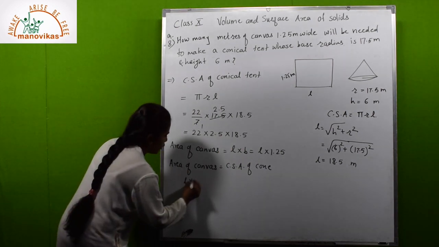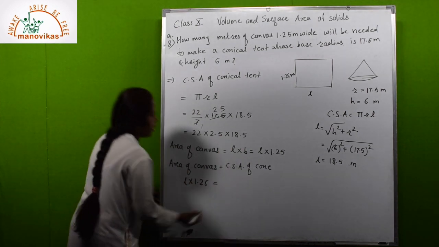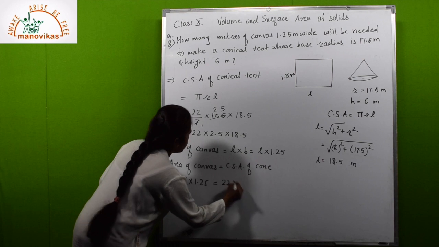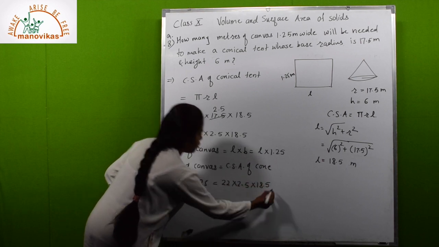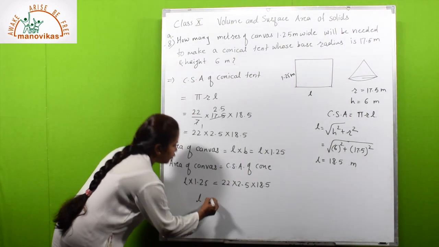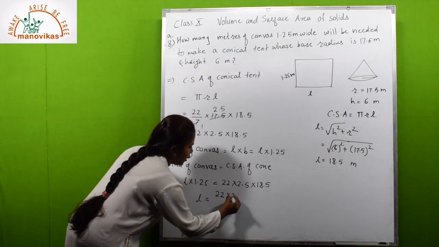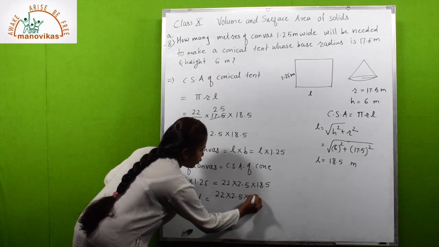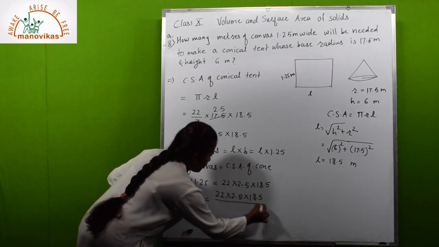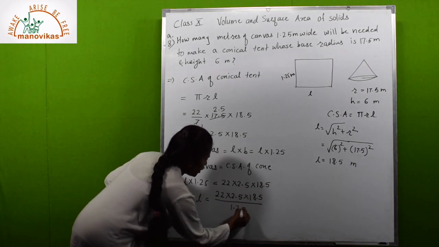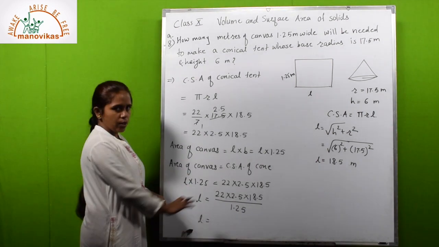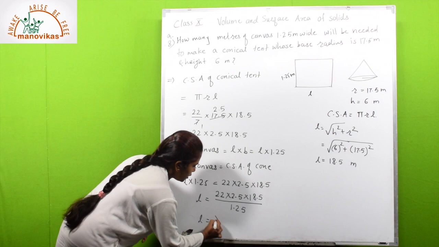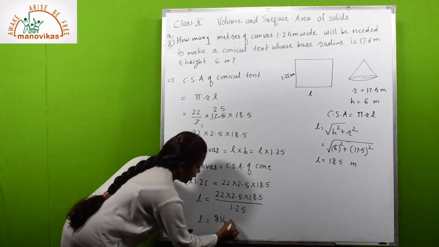So L into 1.25 is equal to 22 into 2.5 into 18.5. So L value will be 22 into 2.5 into 18.5 divided by 1.25. So L value, if you simplify this, you will get as 814 meter.